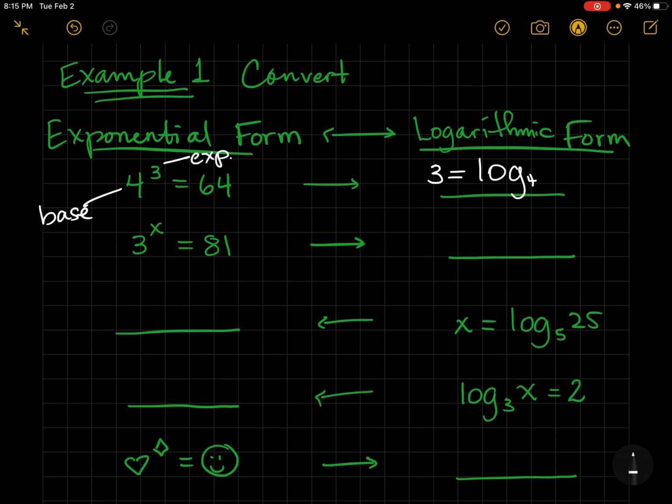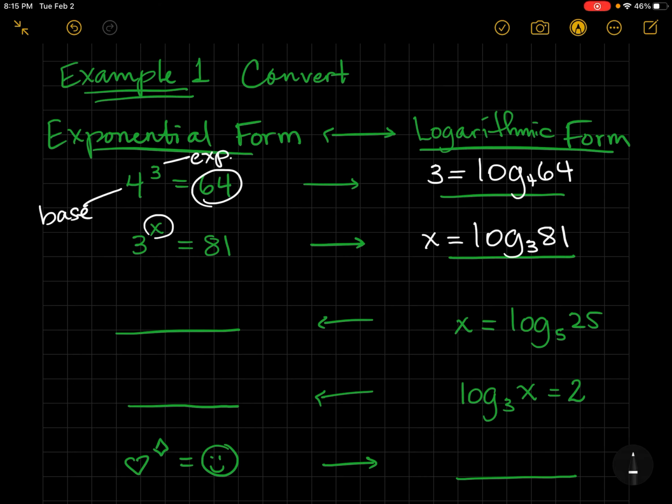And the 64 is just what it equals. And that last number, what it equals, that goes right here. Alrighty, let's try it again and see if that goes a little smoother. The exponent equals, see, that's our exponent, log of the same base of 81.